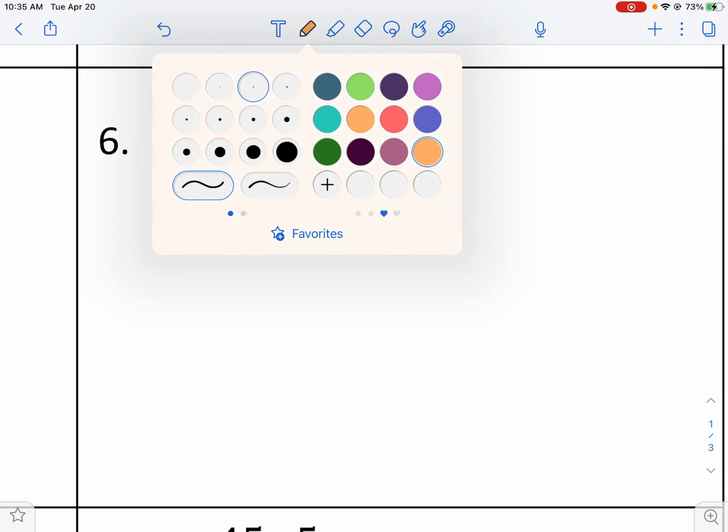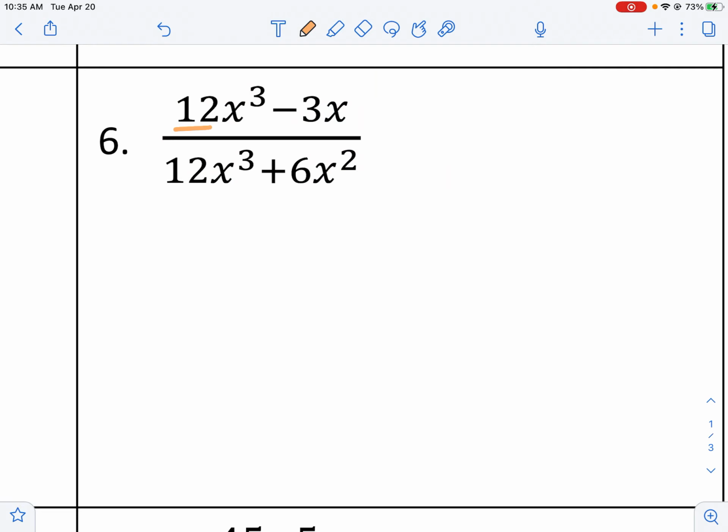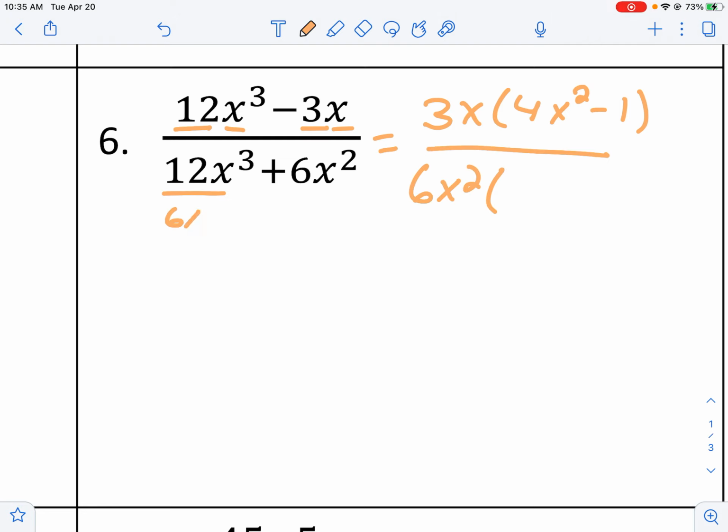Okay, more factoring to go. In this top section, we can pull 3 out of both of those. You can also pull an x out of both of those. So we have 3x come to the front. What's left would be 4x squared minus 1. In the bottom, we can pull out a 6x squared. So if we pull out 6x squared here, we divide this by 6x squared, divide this by 6x squared.